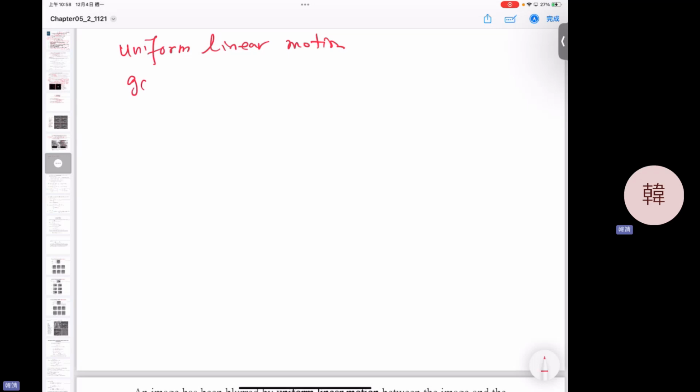So g of x, y is your exposure result over t seconds. f is x minus the motion, like this one. It should be very easy to explain.